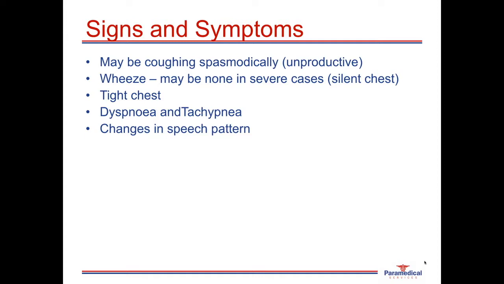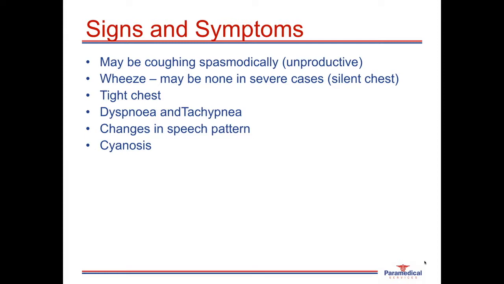You may note that there are also quite significant changes in the speech pattern. Speech is produced when air rushes out of the lungs past the vocal cords. So if we notice that a patient struggles to get a full sentence out, or they can only speak in words between each breath that they take, it means that they are having major air trapping and major difficulty in their breathing.